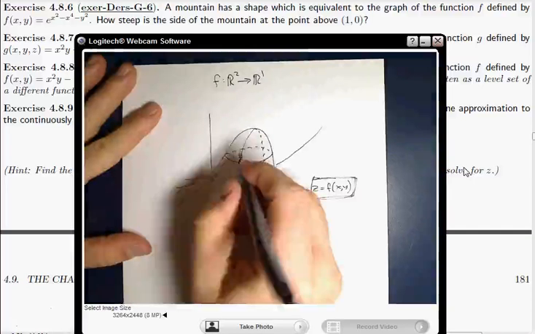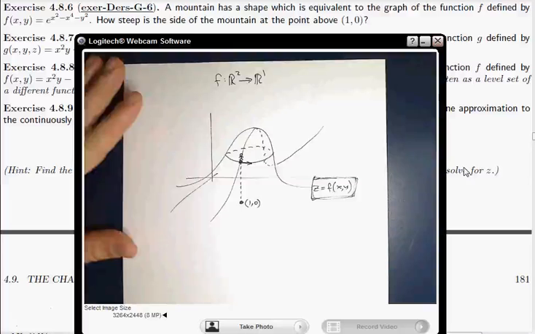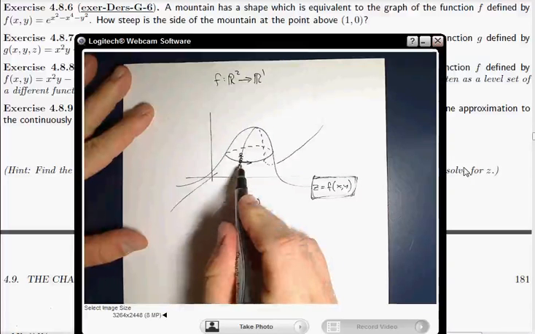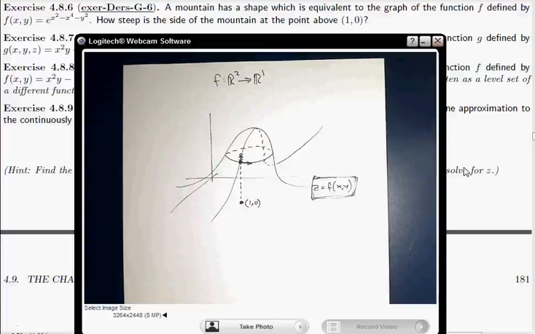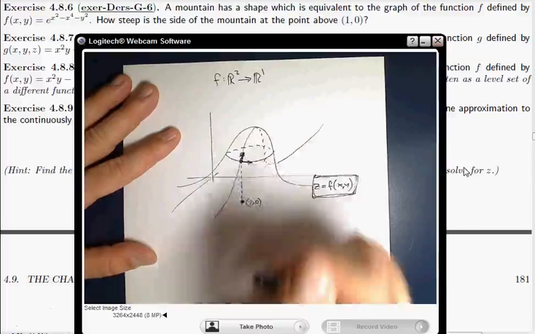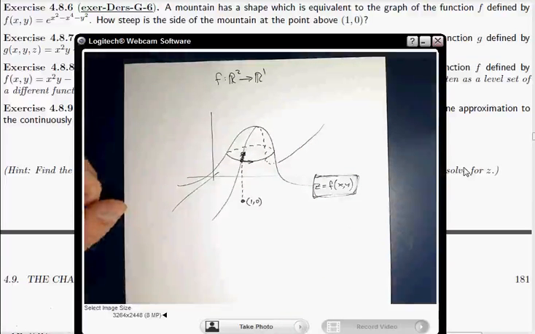If you move in that direction, it's not steep at all, because that's lateral; you're just following a contour line. Generally, when people say how steep is a particular point on the mountain, what they mean is in the uphill direction. In other words, how steep is it in the direction of fastest increase, or steepest ascent?